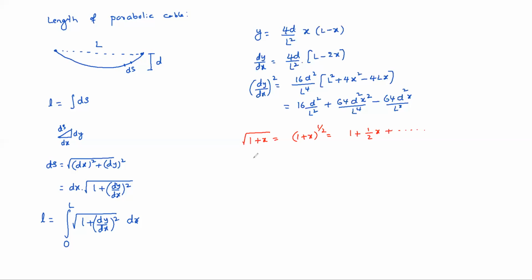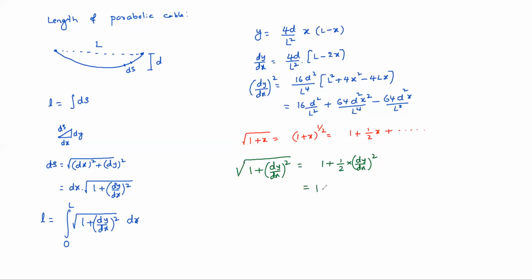Similarly here, root of 1 plus dy by dx whole square can be written like this: 1 plus 1 by 2 into dy by dx whole square. Okay, the approximation of the square root is like this.